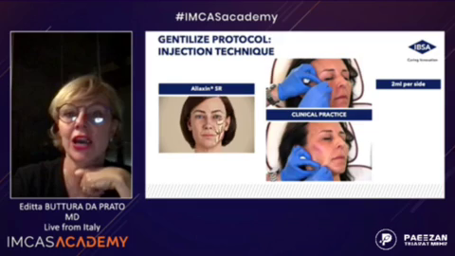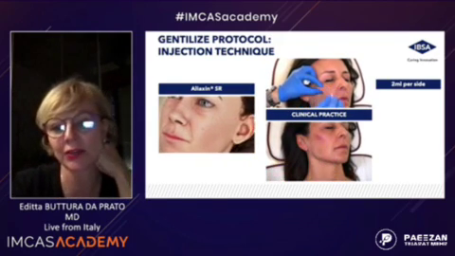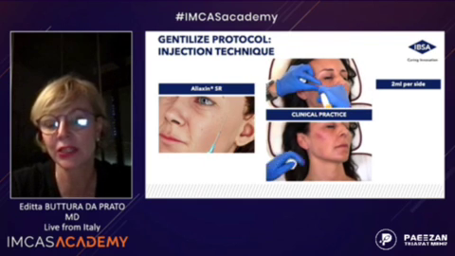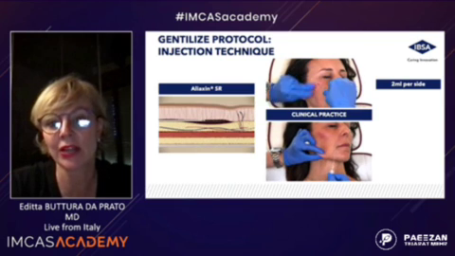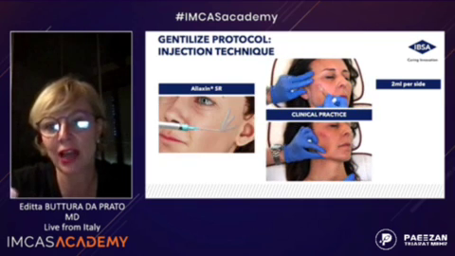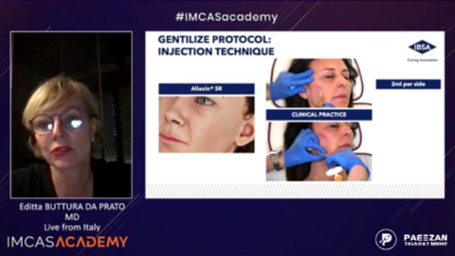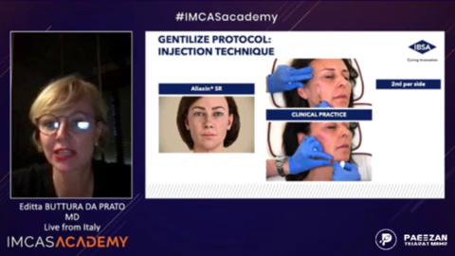Here are the two videos of the technique. As I explained, these are the holes we have to make with the 23 needle, which allows us to enter with the cannula. In the upper video, you see that I am subcising between the skin and the fat.